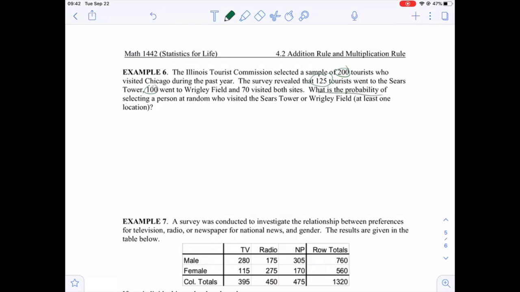both. The question is, what is the probability of selecting a person at random who visited Sears Tower or, this is a keyword, Wrigley Field? So that means we want to find the probability of Sears. Let's use the letter S to denote this, and the letter W to denote Wrigley Field.